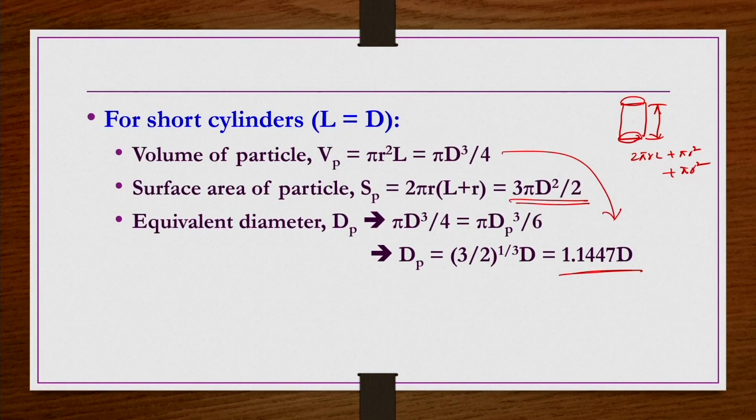Now, for a short cylinder, the equivalent diameter is more than the diameter of the cylinder itself. If the volume of a short cylinder and the volume of a spherical particle are equal to each other, the surface areas are not going to be equal. The surface area of the short cylinder is going to be more than that of the spherical particle, because the equivalent or nominal diameter of the short cylinder is more than its original diameter.